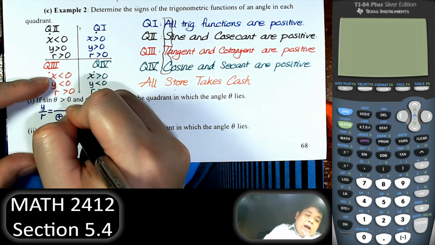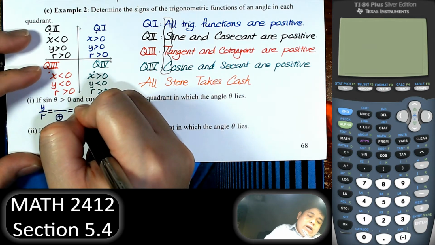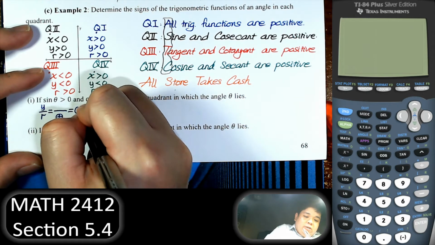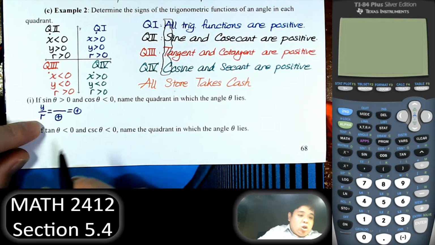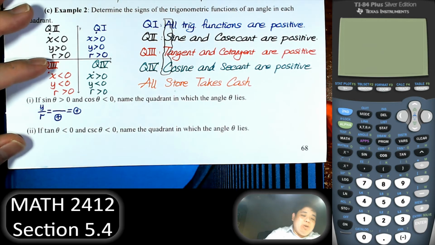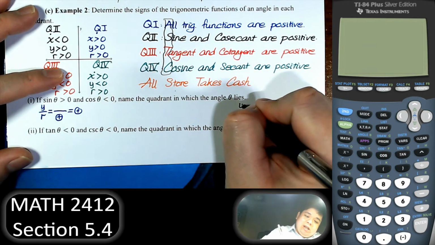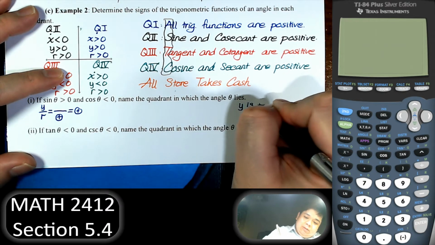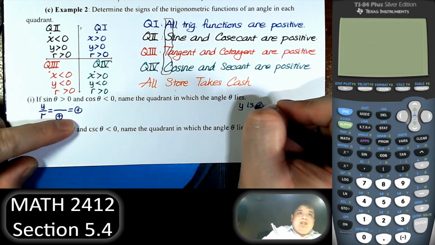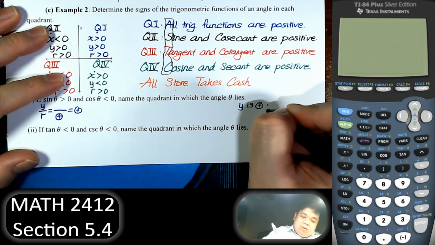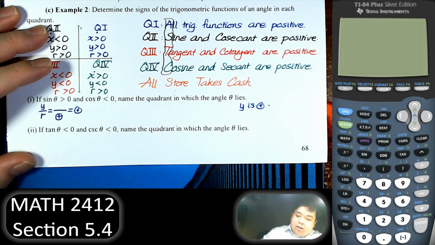Now, we know the ratio will have to be positive because it's greater than 0. So what divided by positive is positive. From that reason, y has to be positive, because in that case, that ratio is positive.